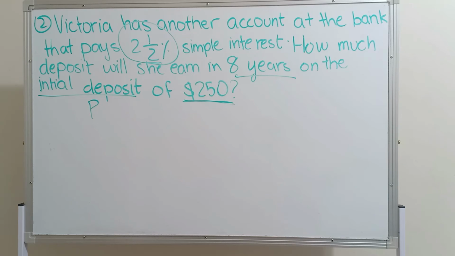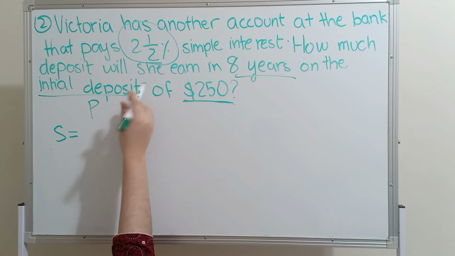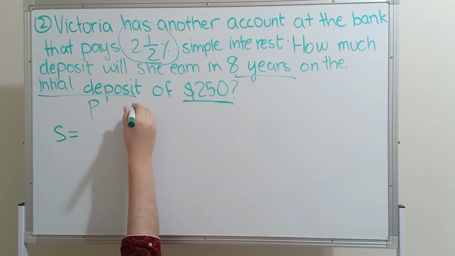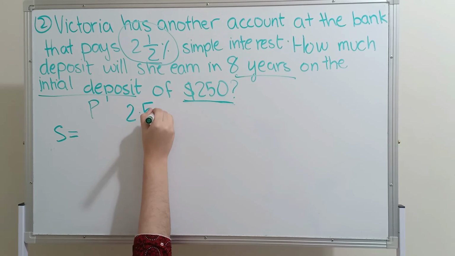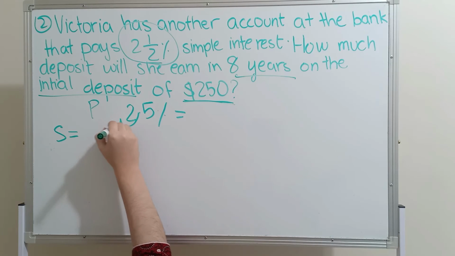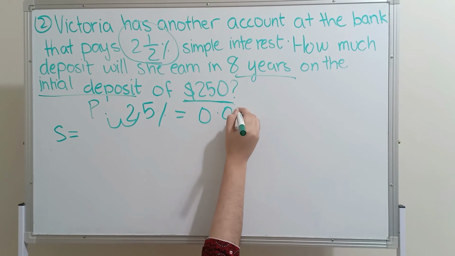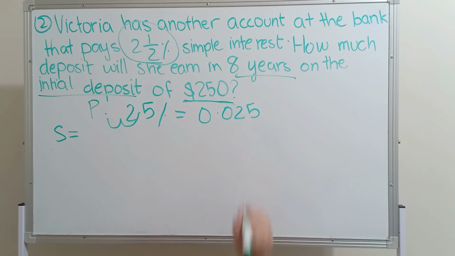So we have the interest amount as, first let's turn this into a decimal. So if we turn this into a percent, well, we will get 2.5%. And to turn it into a decimal, we just move 2 decimal places here. So it is going to be 0.025. So that is going to be our answer in decimal form.